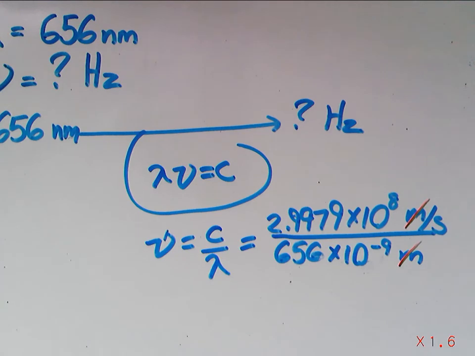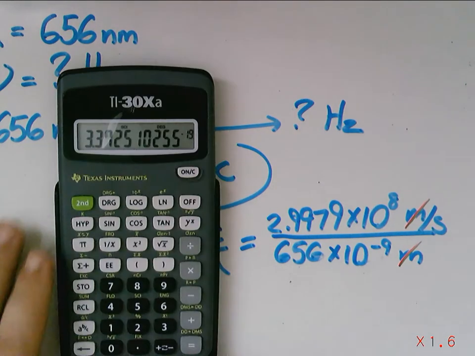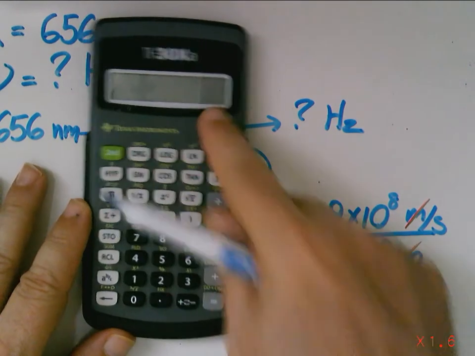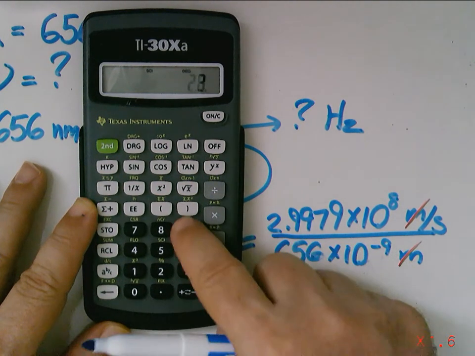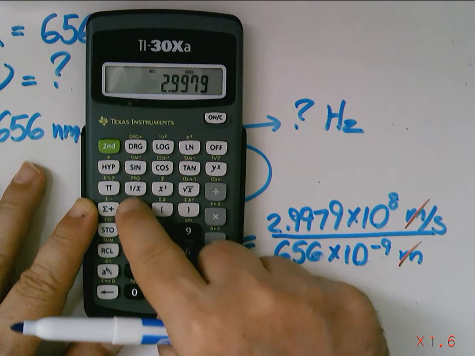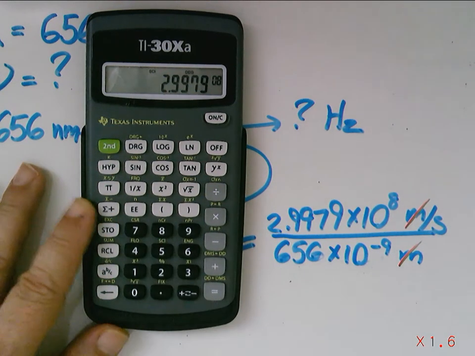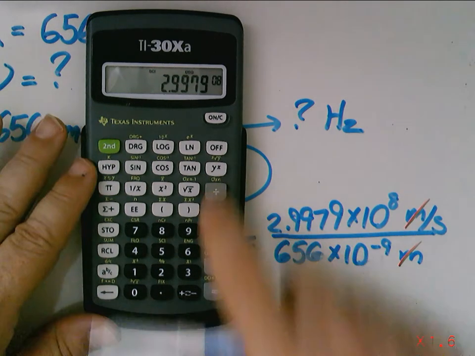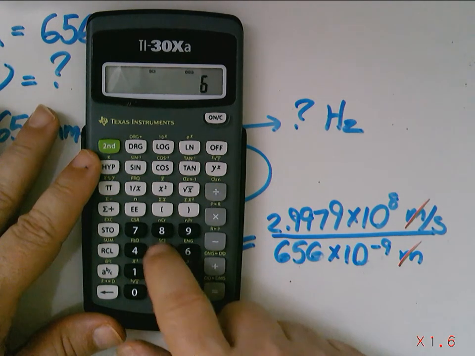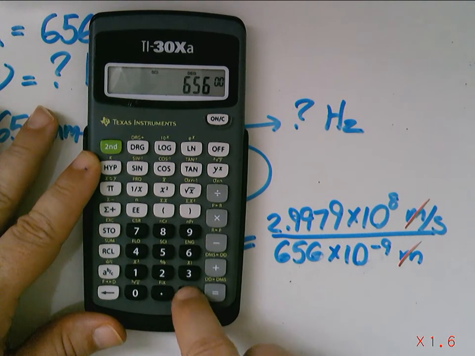So if I type it in, I'm going to type in 2.9979 EE 8. There's my speed of light divided by 656 EE minus 9.